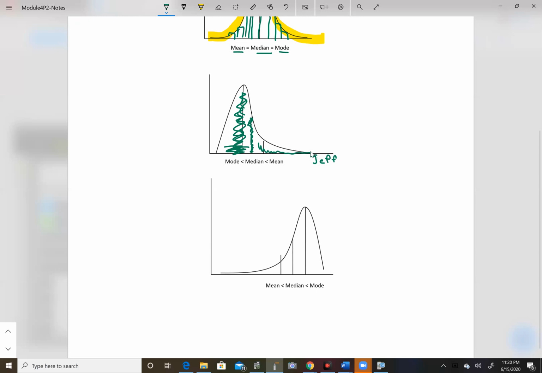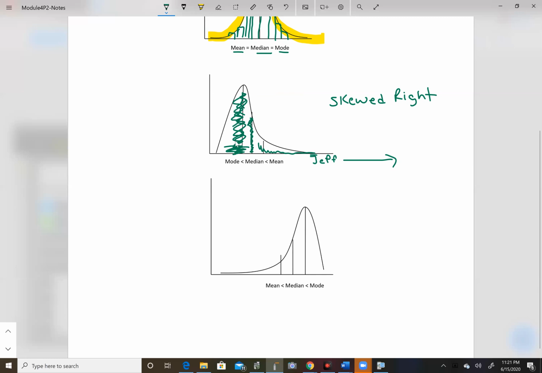It's the same amount of people, but they're stretched out. That's what makes the curve go lower right there. So Jeff is pulling that data this way. It's pulling it to the right. And we call this curve skewed right, okay?